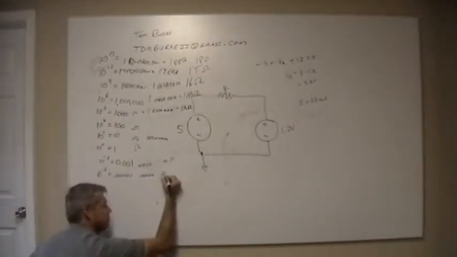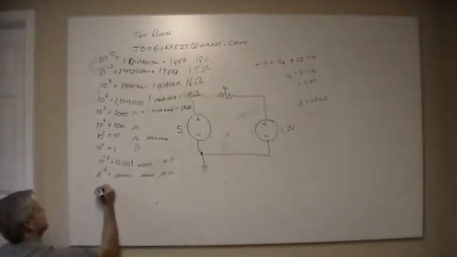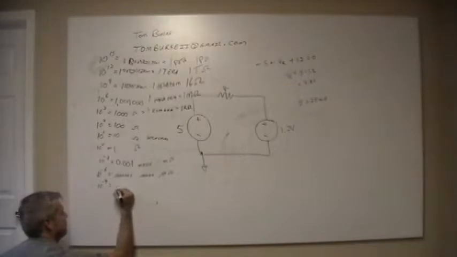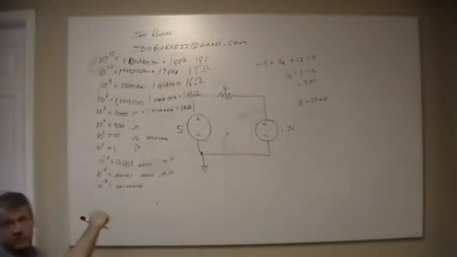Greek letter mu. 10 to the minus ninth is nano, 0.000000001. You see the pattern? Do I have to keep drawing zeros?